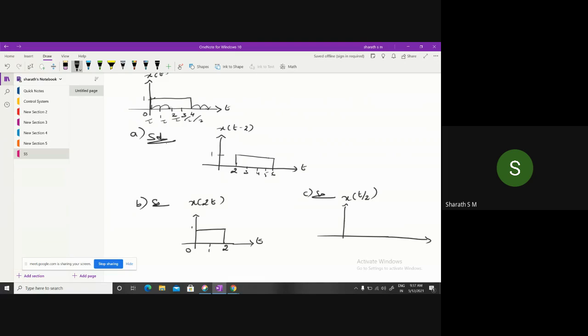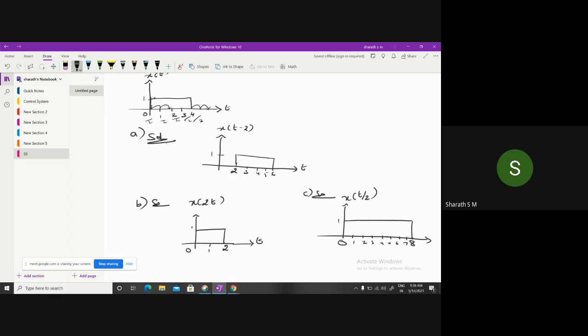So 4 into 2 is 8. So the signal ranges from 0 to 8: 1, 2, 3, 4, 5, 6, 7, 8. The amplitude level is 1.